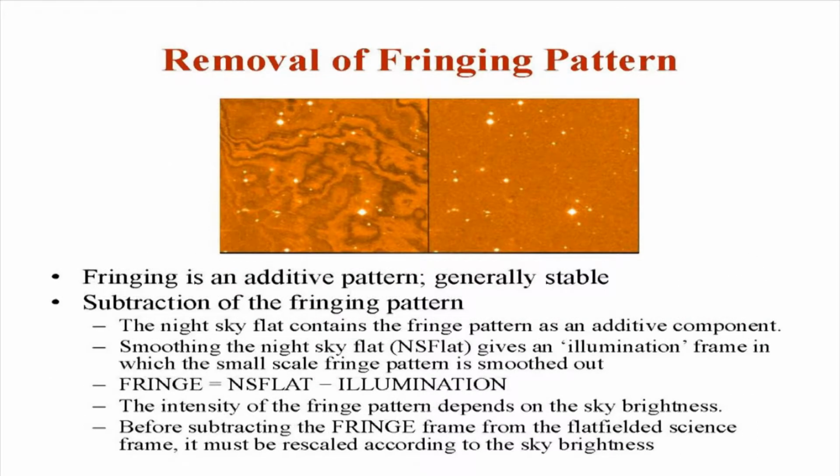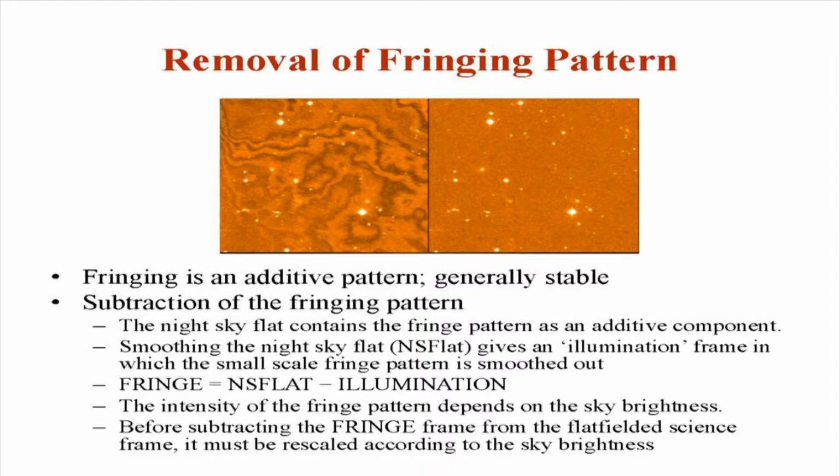Fringing is again additive. So what you do is you take the flat fielded images, and then you can actually take the data itself. Since this pattern is there in every single frame, you can use all the data for the night, and as long as you don't have too many bright sources in your images, this works out well. Then you median combine all your images and smooth it out.